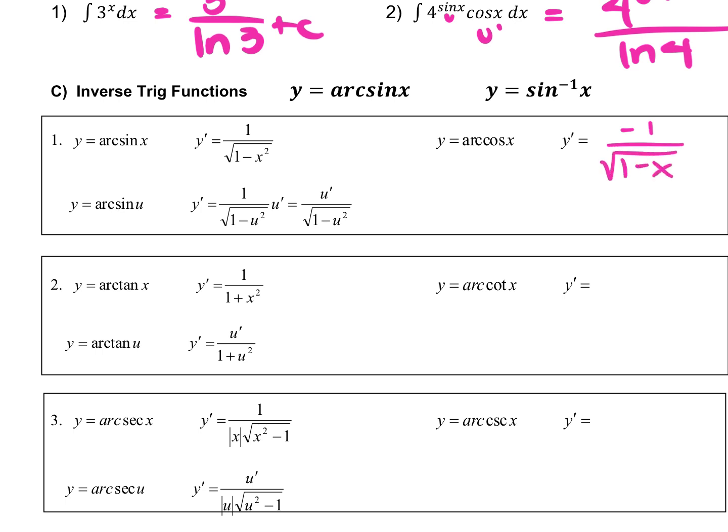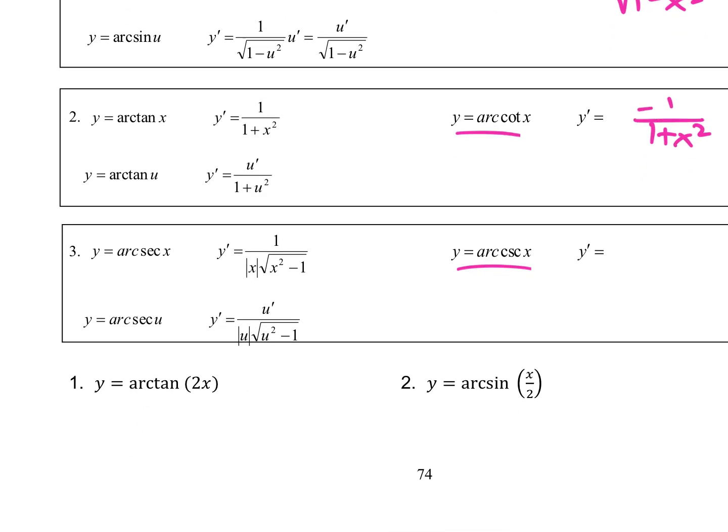We did not really talk about these 3 just because they were the negative versions of the other ones and they were less common. And same thing for arc cosecant. I would maybe take a look at these formulas before, but it's kind of one of those things that if you get to it, great. If you don't, don't lose your mind over it.